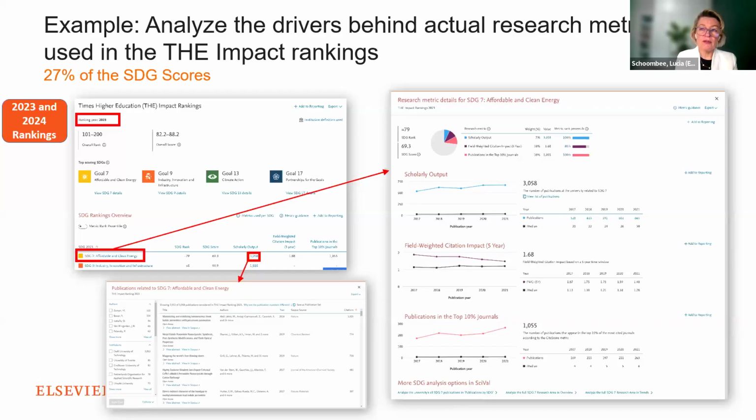For each of these data sets related to an SDG, you can dive deeper into the publication set, as shown here, if you can see my mouse. You can analyze the publications as in the other rankings as well. And then a detailed overview will be given for each of the SDGs and the individual metrics and how they performed in those metrics.